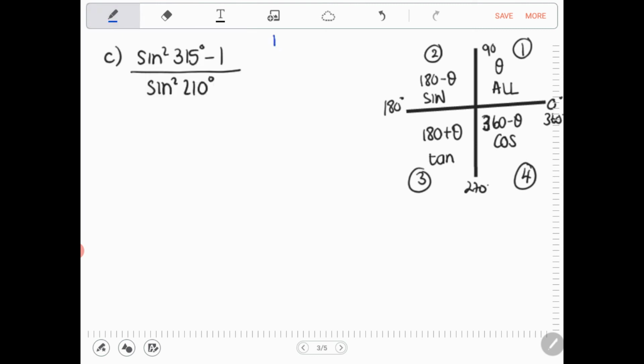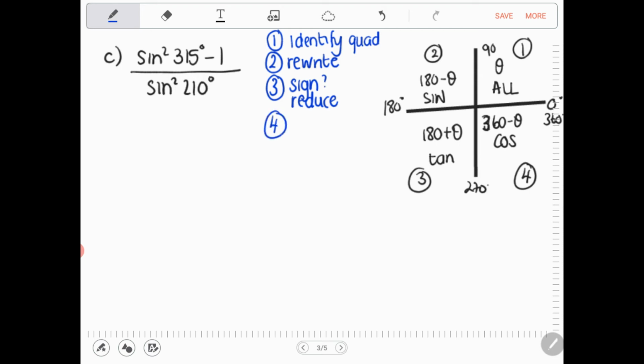So 1, identify quadrant. 2, rewrite. 3, do your sign and reduce. 4, replace. And 5, simplify.